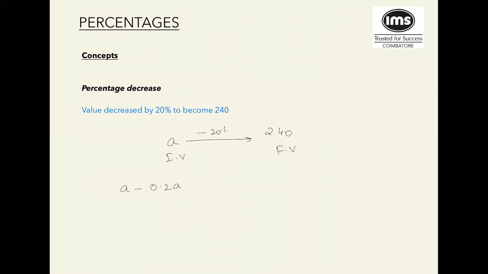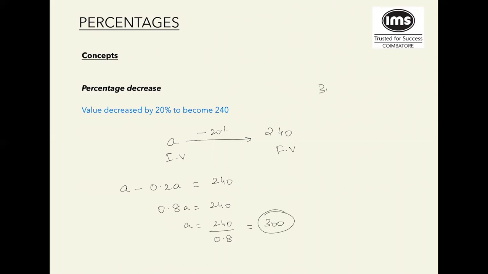Just 20 by 100, I'm writing it as 0.2. A minus 0.2A is becoming 240. So 0.8A is 240. So A is 240 by 0.8, which is nothing but 300. So the answer is 300.